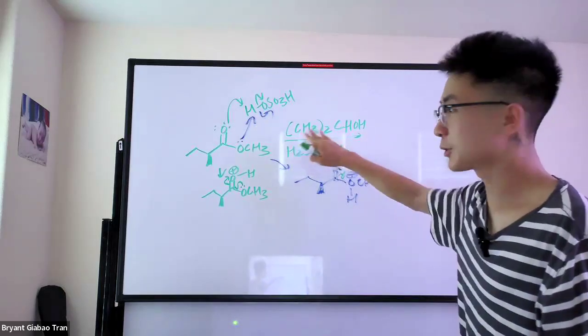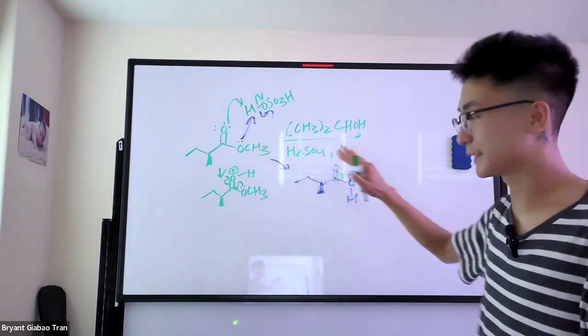Okay, so after you protonate that, it's now activated, so you could use the alcohol to attack the carbonyl carbon. Right. And this alcohol here, what would it look like in bond line structure?